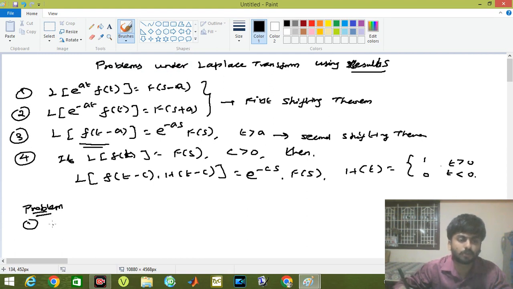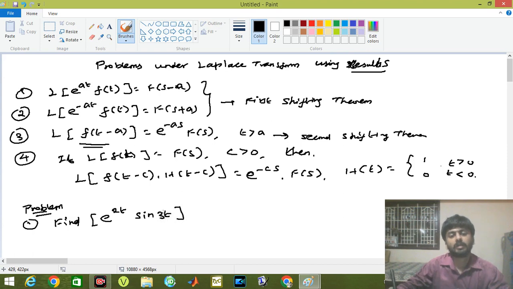Problem number 1: Find L of e power 2t sine 3t.